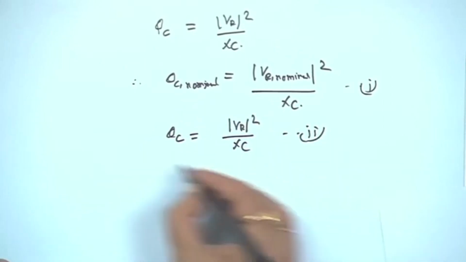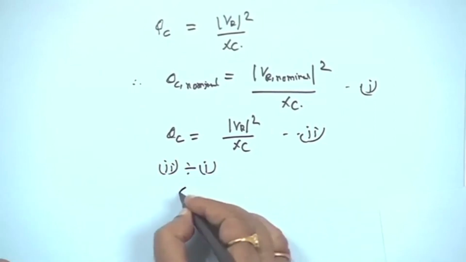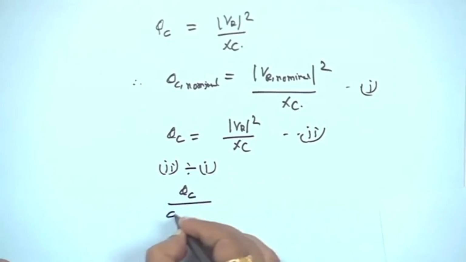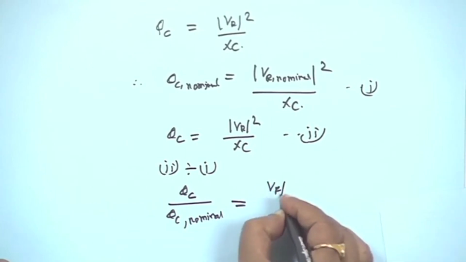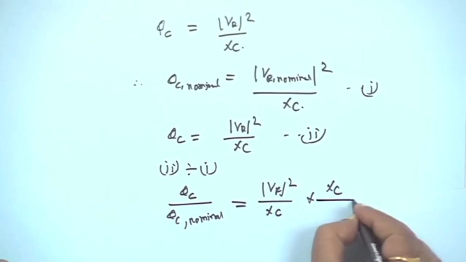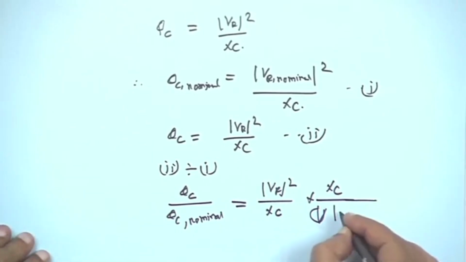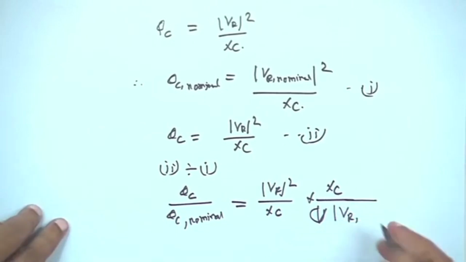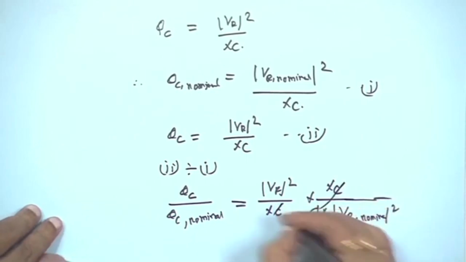That means if you divide equation 2 by equation 1, then you will get QC by QC nominal is equal to VR square upon XC into XC divided by VR nominal square. XC will be cancelled.